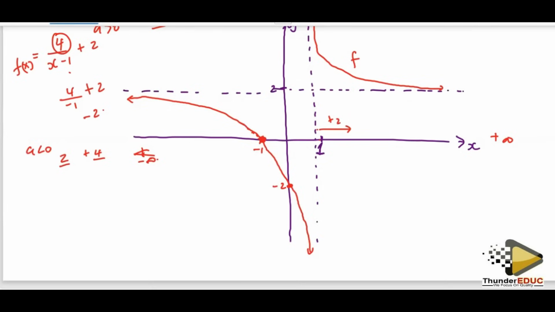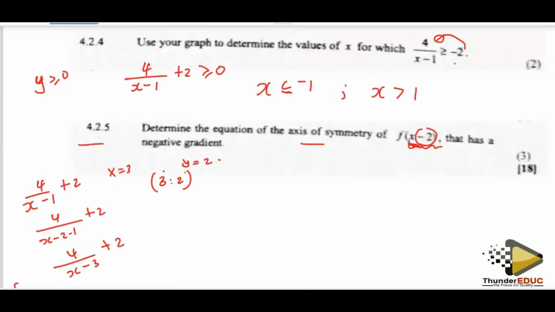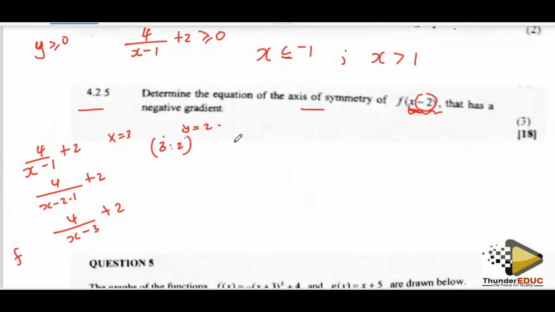Now, when you're finding the equation of your axis of symmetry, there are two: y is equal to x plus c, and y is equal to negative x plus c. For us to get the value of c, we normally use the intersection of the asymptotes. Since they want one with a negative gradient, I'll go with this.